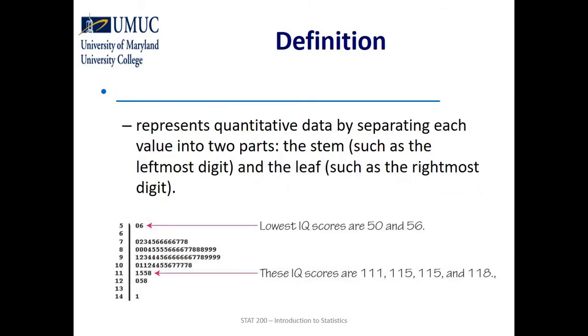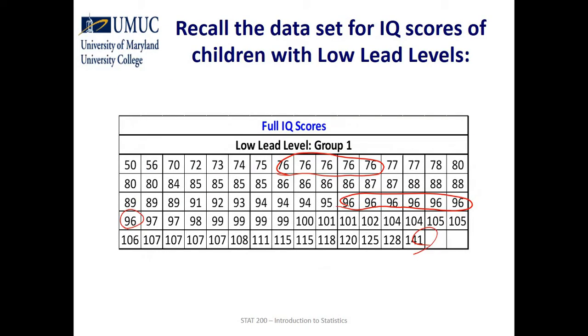This next graph is called a stem plot or stem and leaf plot. What we do here, we're portraying the same information that we did back up here. So we have 50 and we have 56.